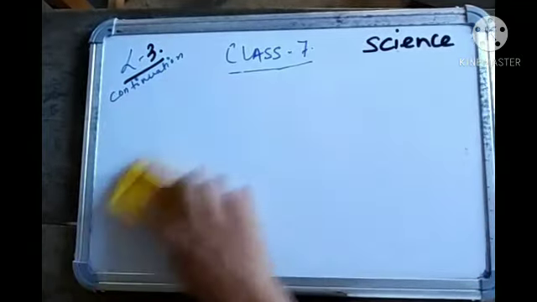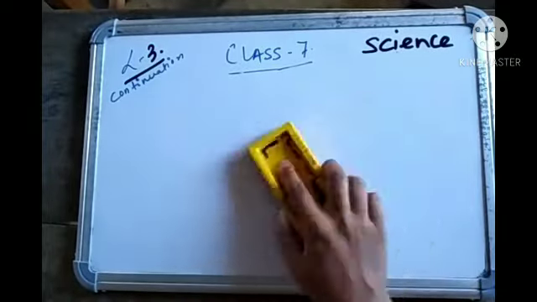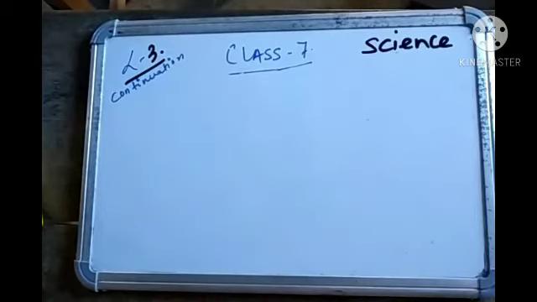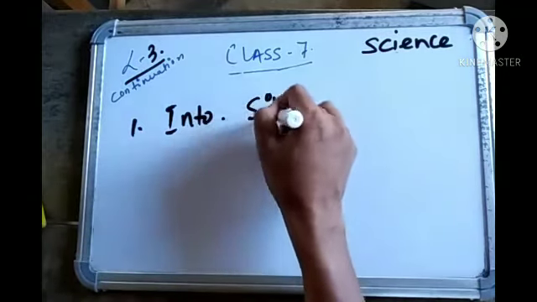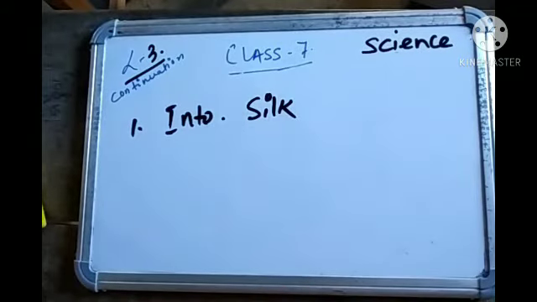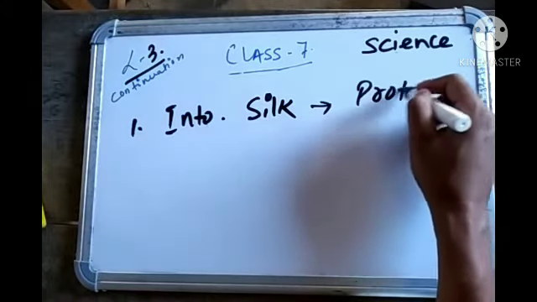So with this, lesson number 3 is complete. I'll summarize what we have learned today. We discussed the introduction of silk. That is, silk fibers are animal fibers and are made up of protein.